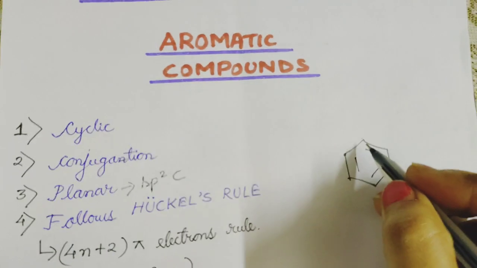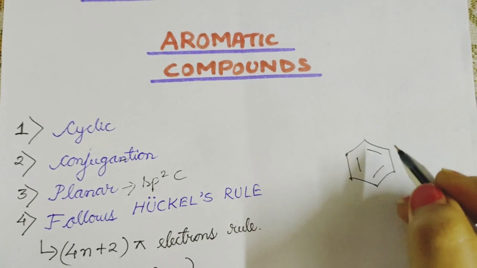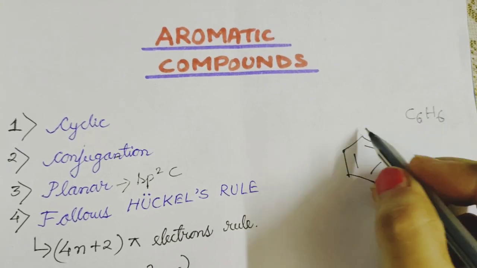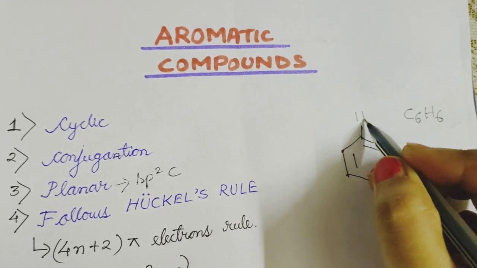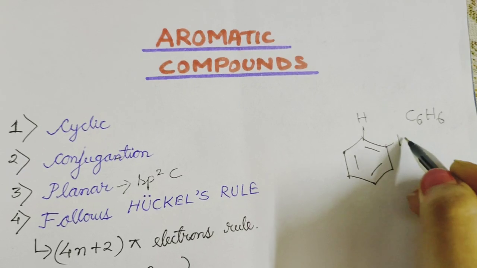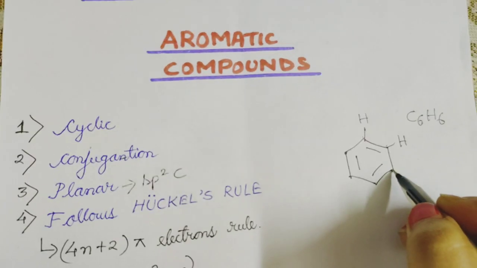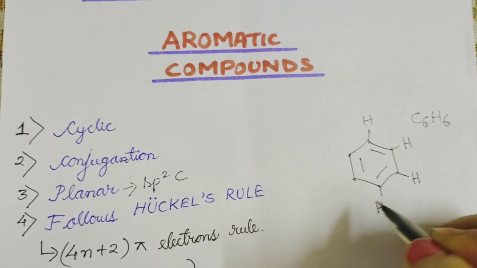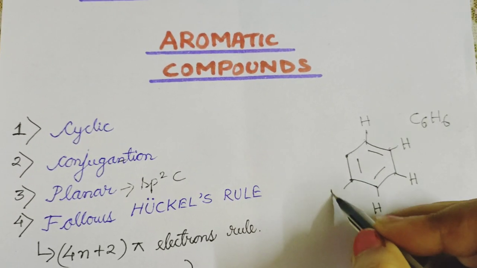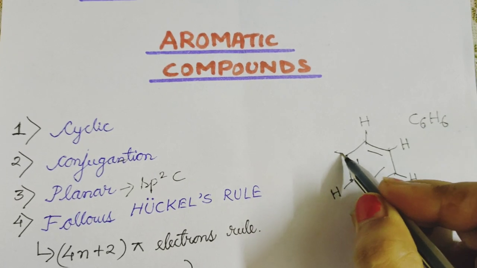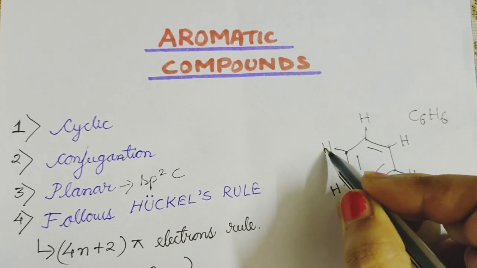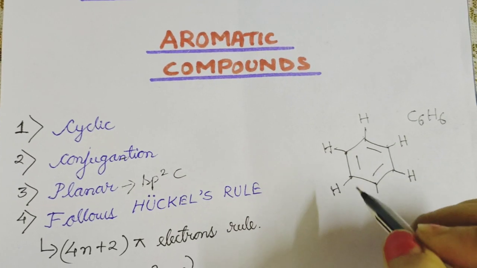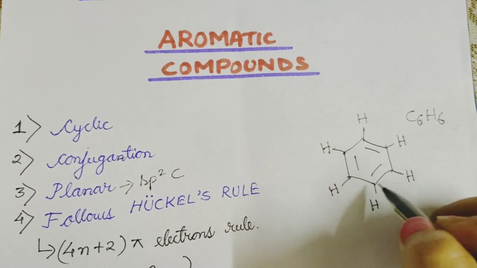Actually it should have 4 bonds, so benzene has the formula C6H6. These are all hydrogen atoms that are bonded to the carbon atoms of the benzene molecule, but we generally don't show them. So this is basically the actual molecule of a benzene ring.